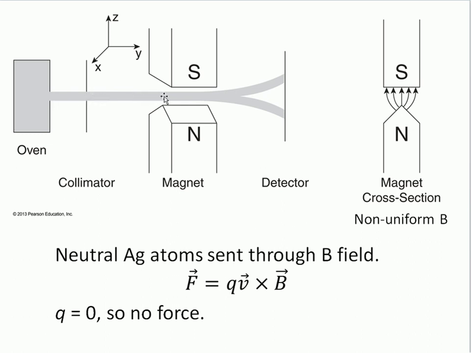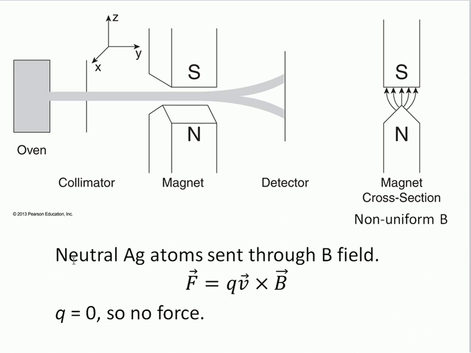They pass through a magnet. And here in the cross-section of the magnet, you can see that it's not a uniform magnetic field. And when the silver atoms pass through the magnet, they start diverging from one another and form two spots on a detector screen. We want to understand what's going on with this setup.